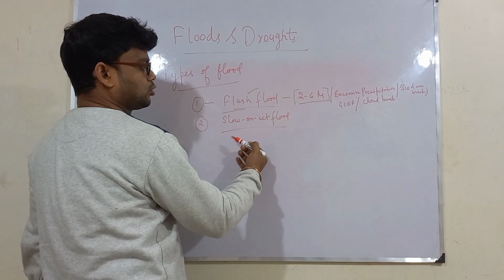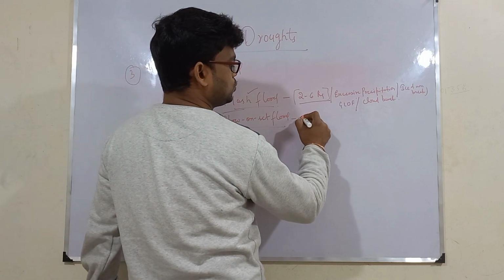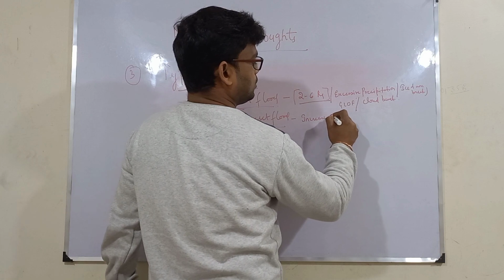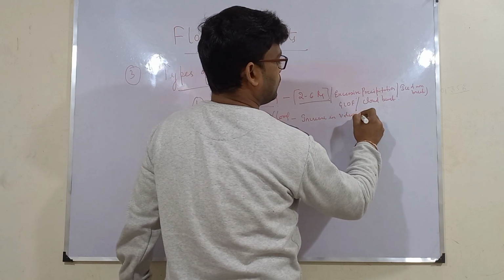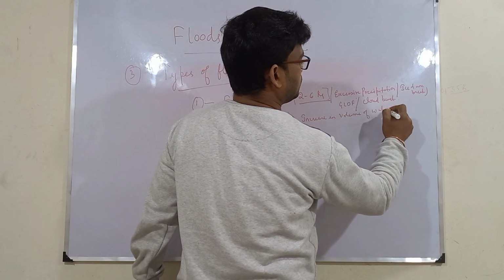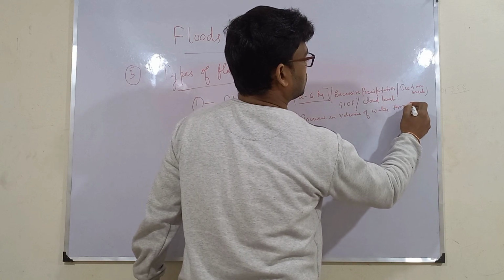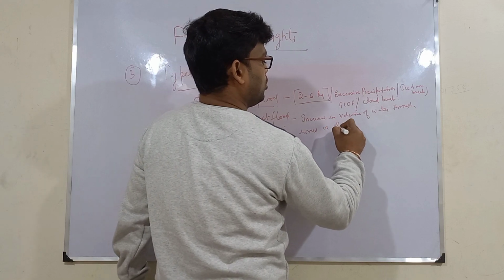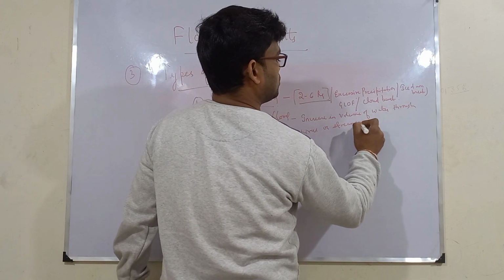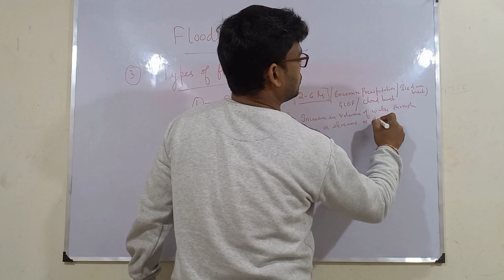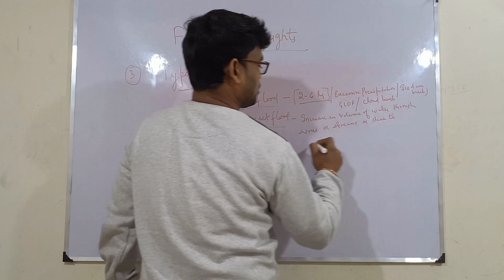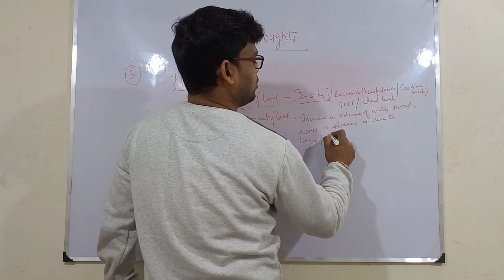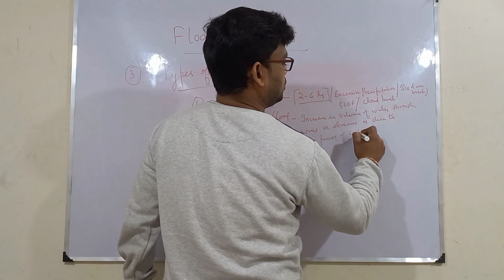And next one is slow onset flood. This generally happens due to an increase in the volume of water through rivers or streams, or due to a longer period of continuous rainfall.